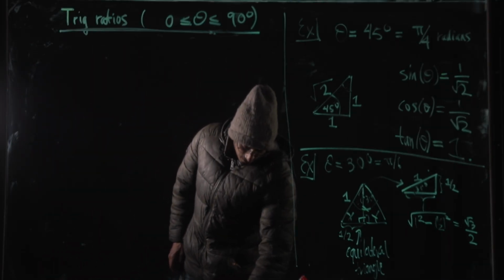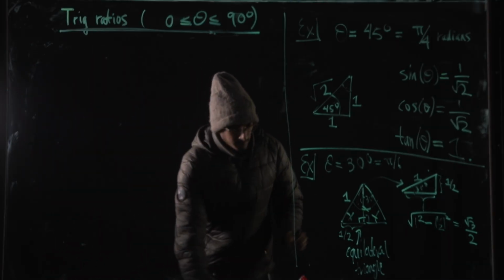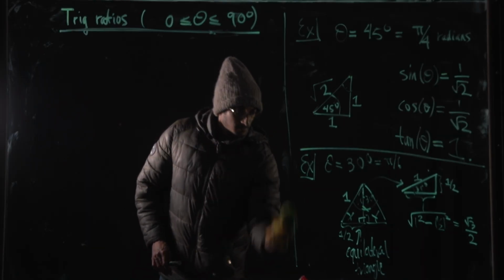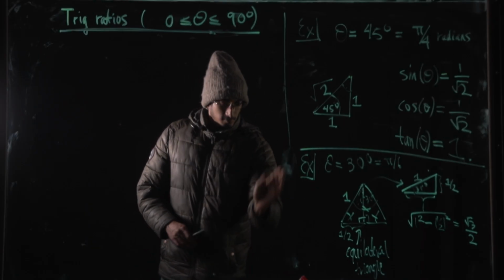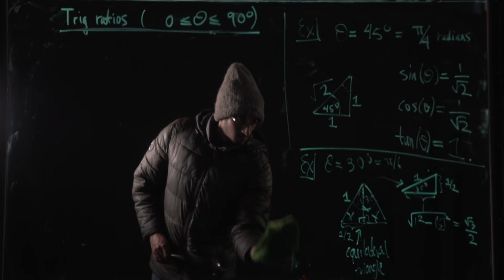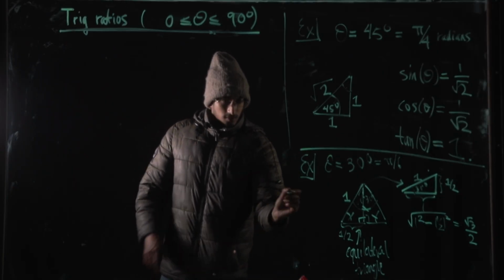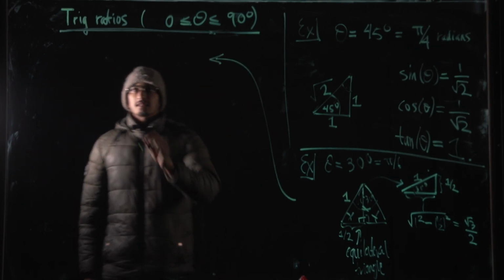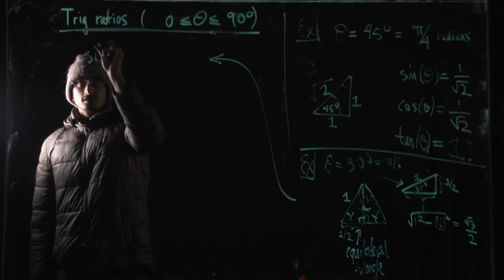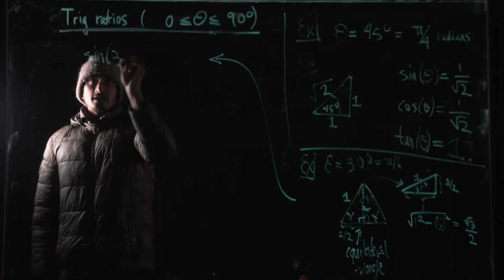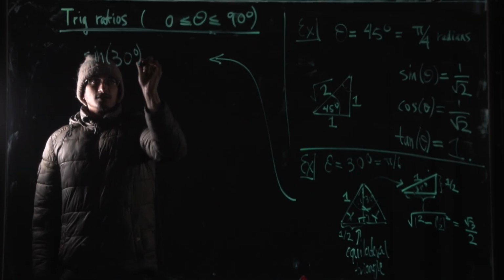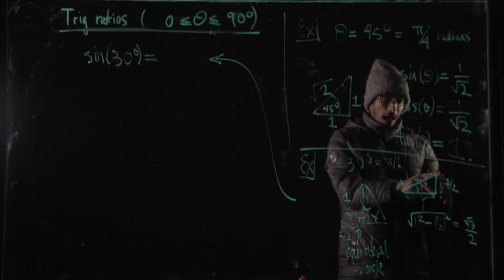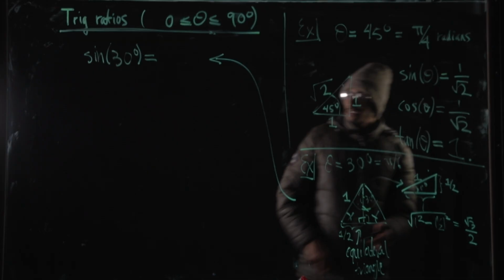I'm going to continue this example over here. From here, we know that the sine of this angle, sine of 30 degrees, that'll be the opposite side divided by the hypotenuse.